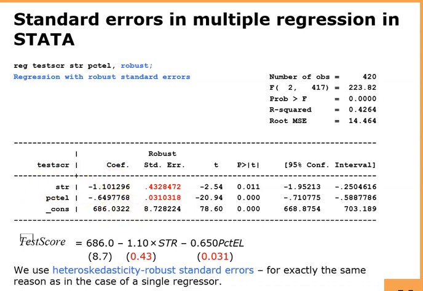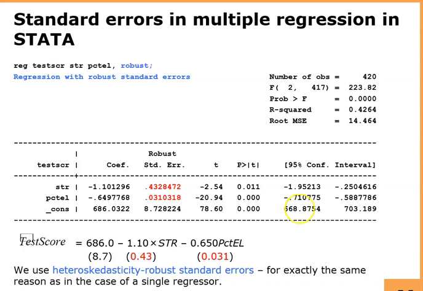So for example, in the case of student-teacher ratio, you can see that the coefficient is equal to minus 1.10, and the probability is equal to 0.011. So we are able to reject the null hypothesis that the coefficient of student-teacher ratio is equal to 0 at the 5% significance level.